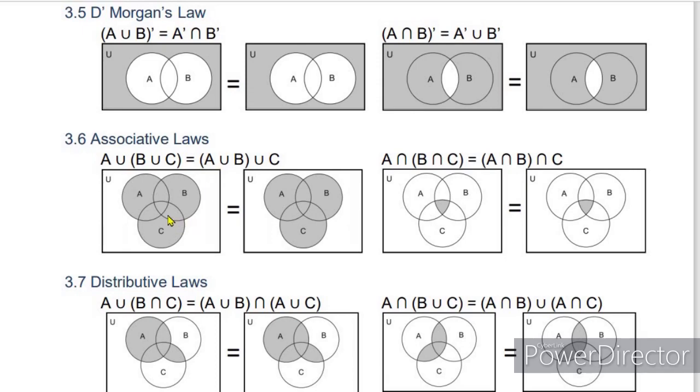That's why for the Venn diagram, all the shaded parts are inside the given sets and also their intersection, because we are referring to the union here. Next is A intersection the quantity B intersection C is equal to the quantity A intersection B intersection C. So here it is also the same whether you group B intersection C or A intersection B. So for the Venn diagram, we just shade the intersection of the three given sets.